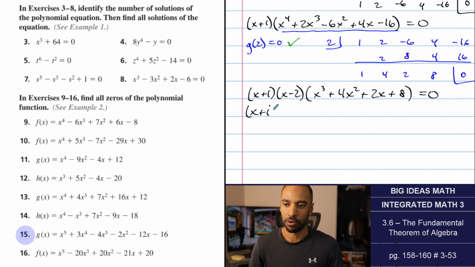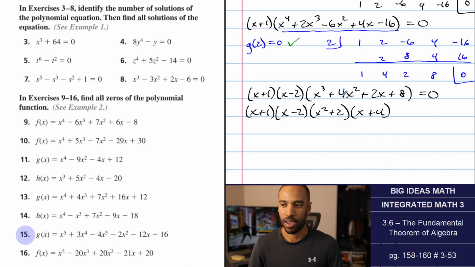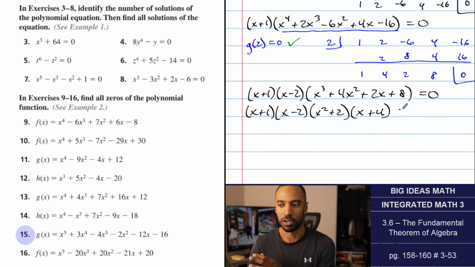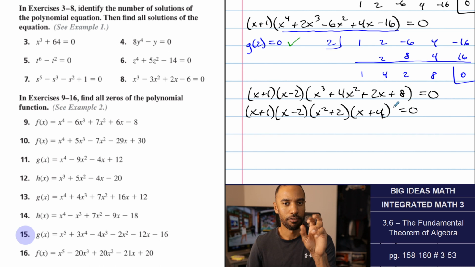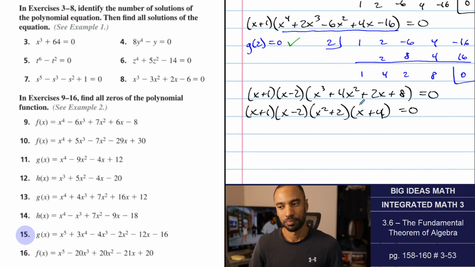If we factor out, hold on, check this out. If we factor out x squared from these two and 2 from these two, that's x squared plus 2, and inside you're left with, in both of them, x plus 4. Factor out x squared from here, you have x plus 4. Factor 2 from here, you get x plus 4. That's where that comes to be. I don't know if you can understand that that's how I did that factoring a little faster in that way, but that's how it works.